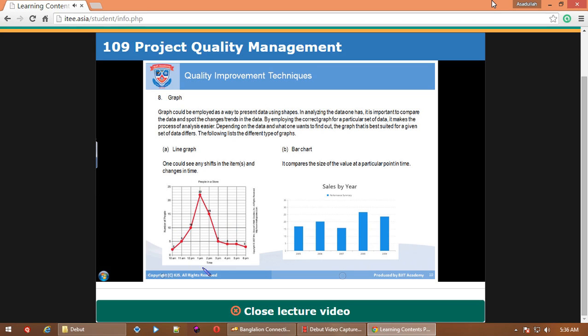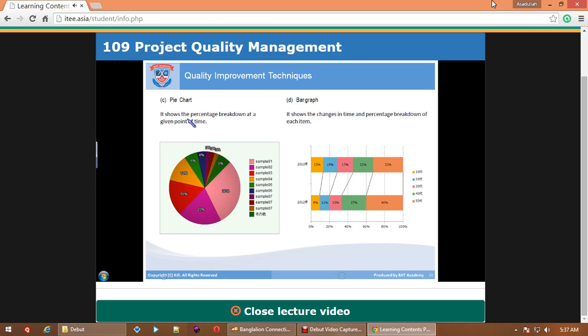Like here, this is the time and this is the number of people, and we are observing the number of people in a store at a given point in time, plotted using a line graph. Another way is the bar chart. It compares the size of values, like the sales by year. We plotted one bar chart, and we can easily compare the sales figures using it.